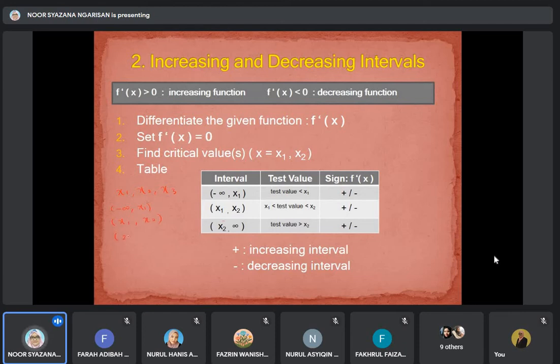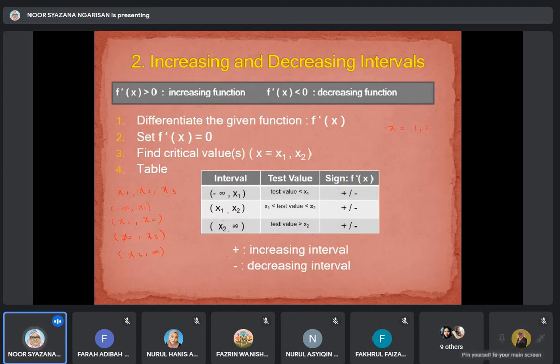Third interval, x2 until x3. And then the last interval, x3 until positive infinity. So kalau ada lebih critical value, kita akan ada lebih interval. Contoh kalau nombor, let's say our critical values are 1 and 2.